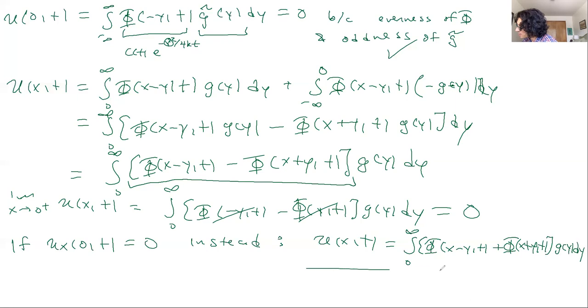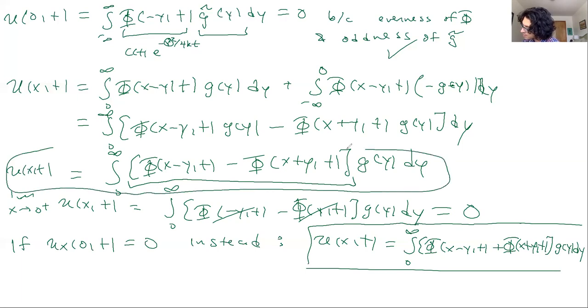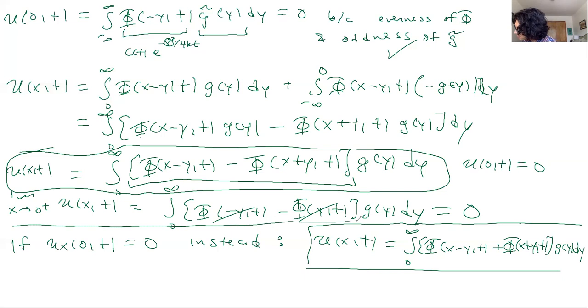So that is our solution in this case, right? Our solution in the odd reflecting case is this one. So this is in the case where u of 0 t equals 0, okay? This, just to separate these out, is in the case where u sub x of 0 t equals 0, okay?